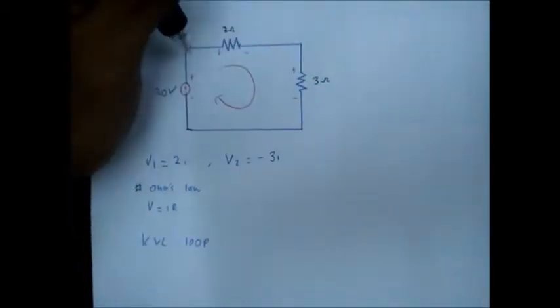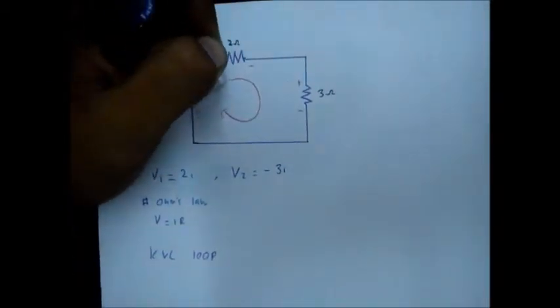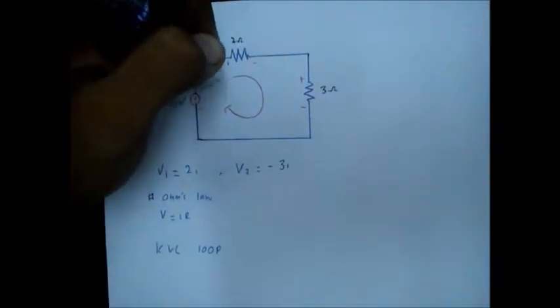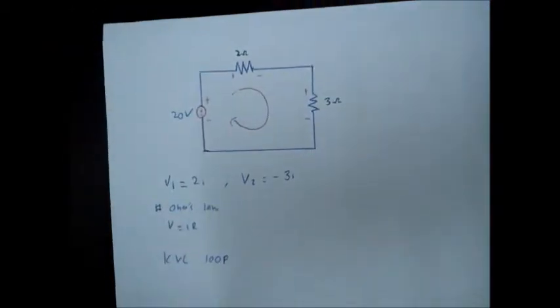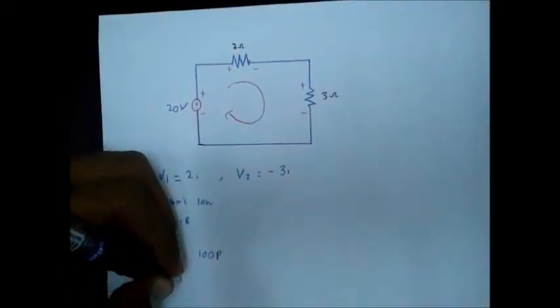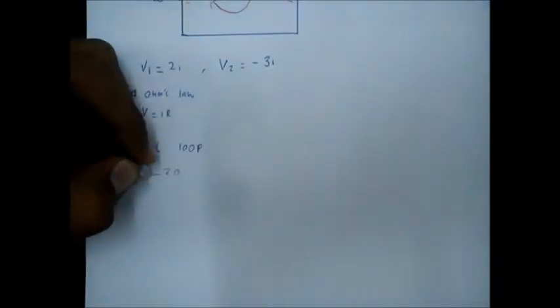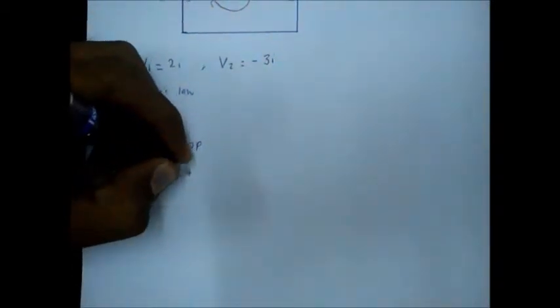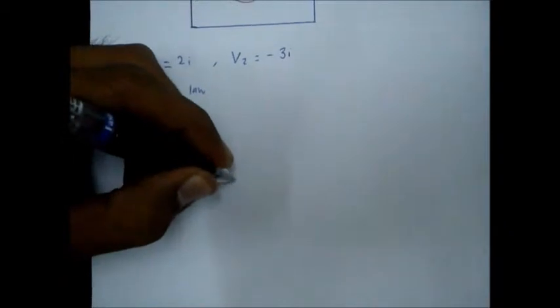We know that the first loop has one equation that gives negative 20 plus V1 minus V2 equals 0.